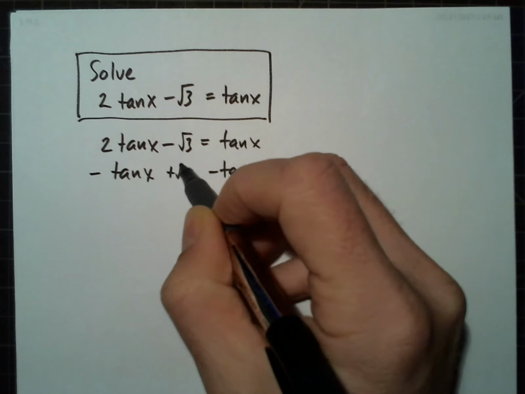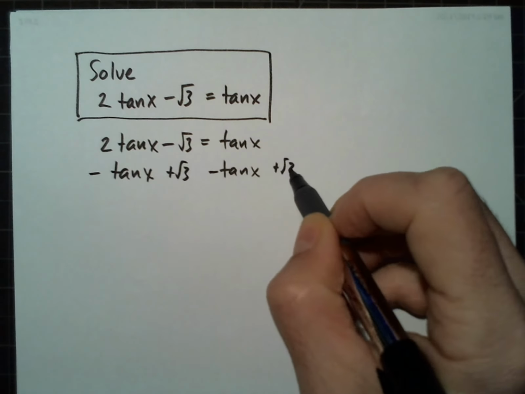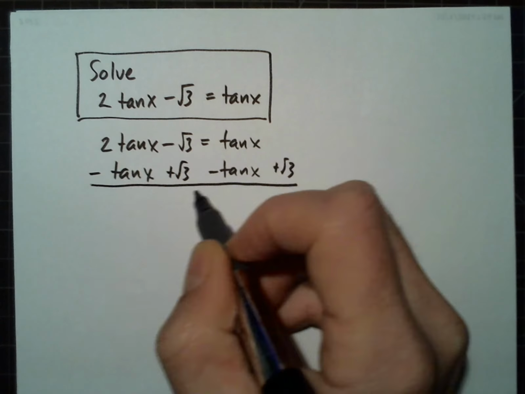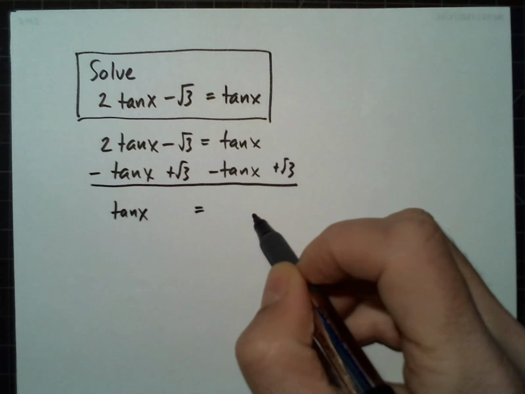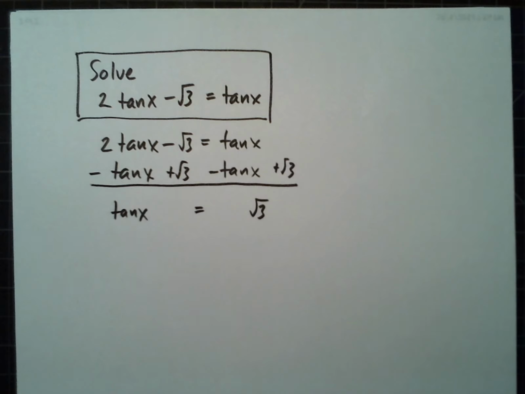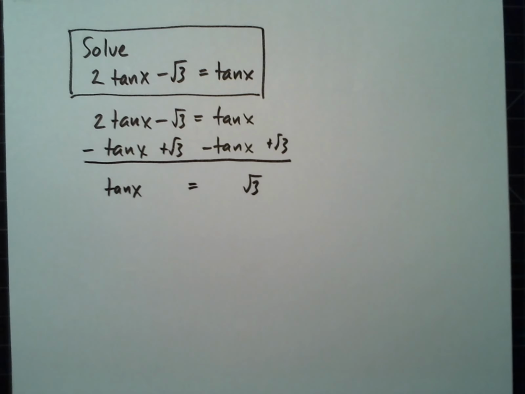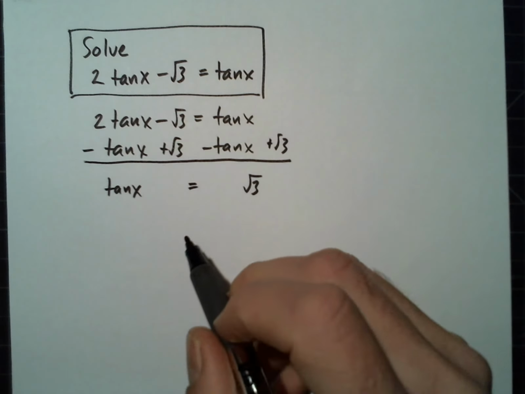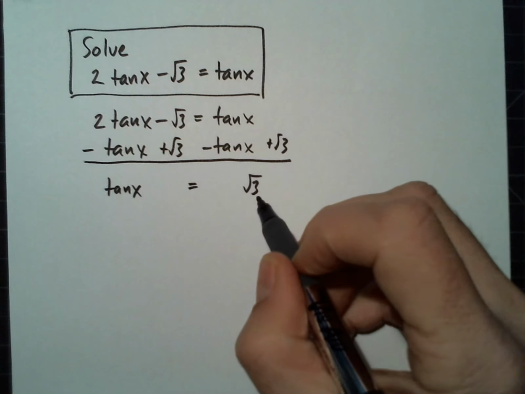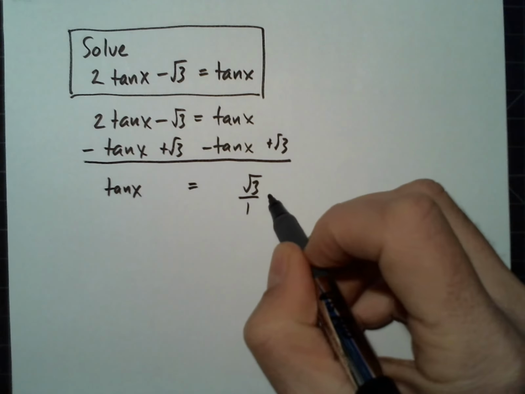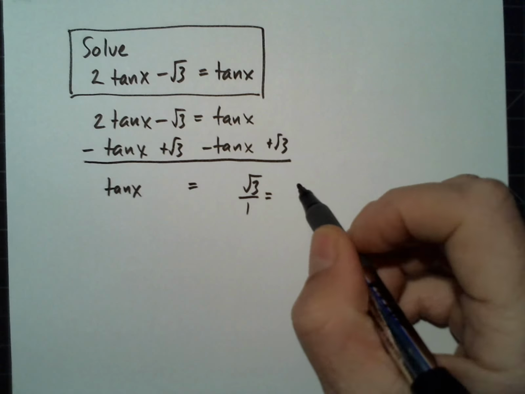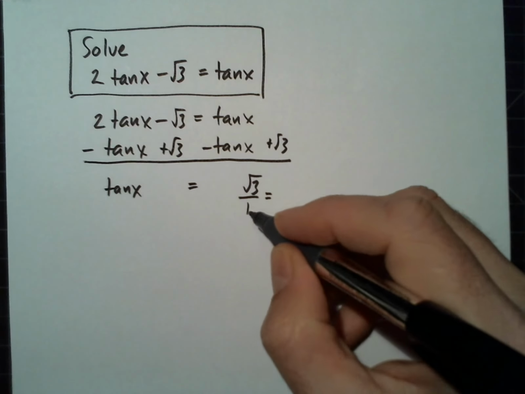We'll also add radical 3. So here we get tangent is equal to radical 3. And let's make sure that's a fraction.